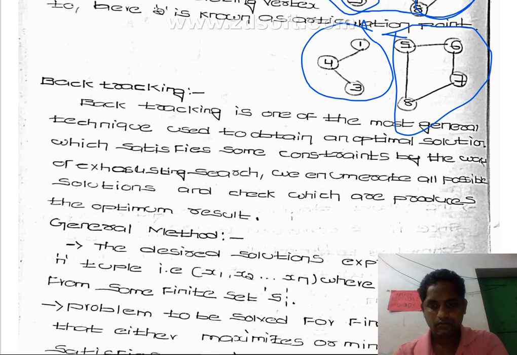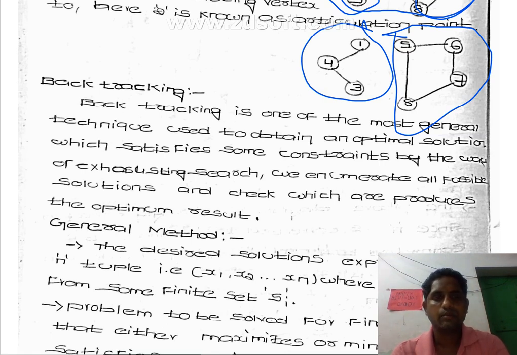Okay, so backtracking is one of the most general techniques used to obtain an optimal solution which satisfies some constraints by way of exhaustive search.